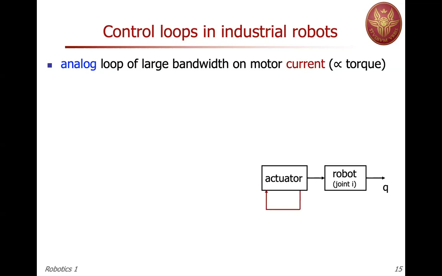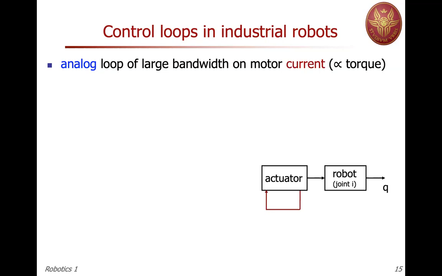There are other cases where multiple actuators, typically two actuators, work in cooperation for moving two joints. So there are closed kinematic structure where this happens, but you can always invert this mapping and assume one actuator for each joint.